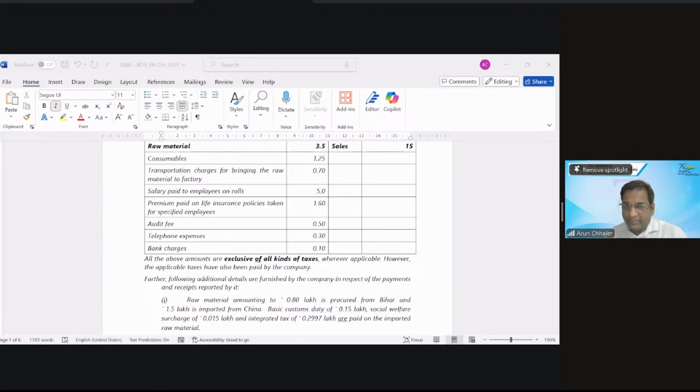So my specific question: why will you not deduct the custom duty and social welfare cess out of the 3.5 lakh? 80,000 is, we all know, 1.50 we all know, but there is a custom duty part as well. Why will we not deduct the custom duty part?